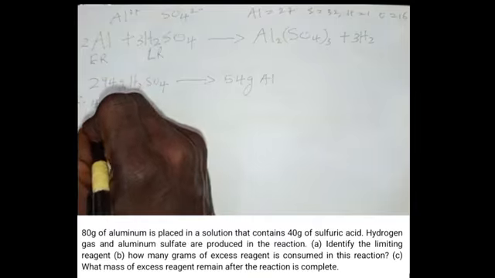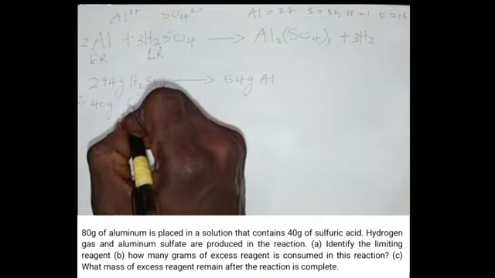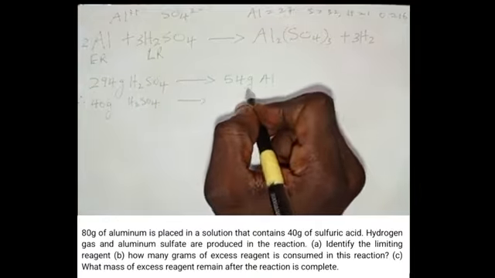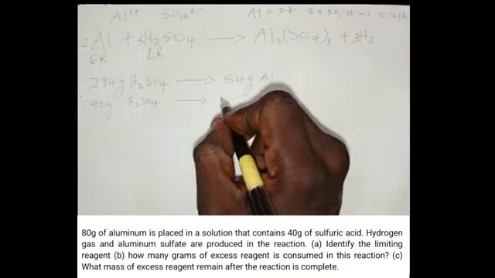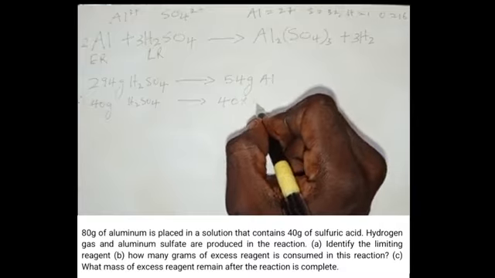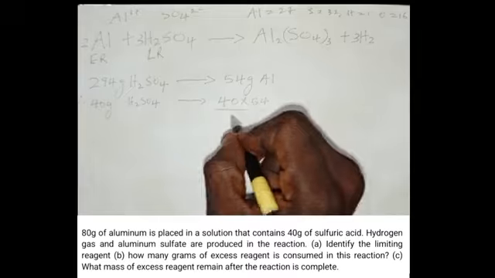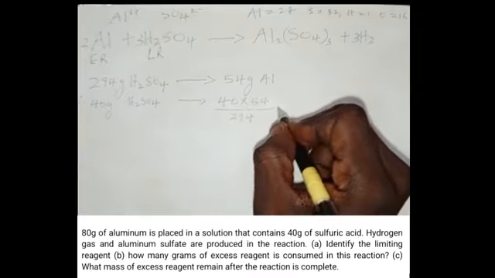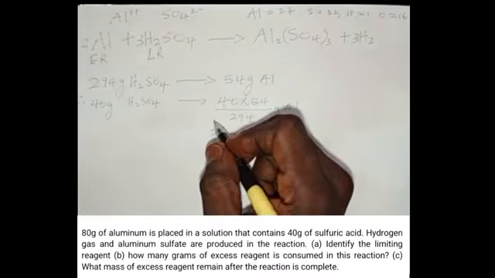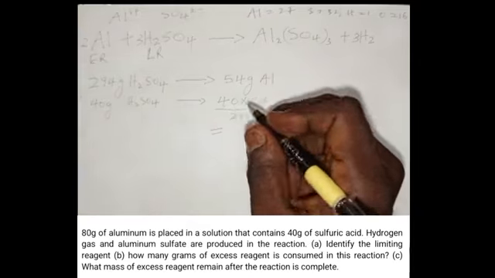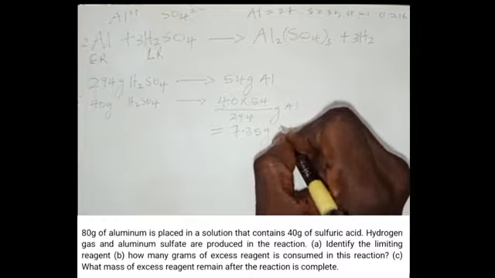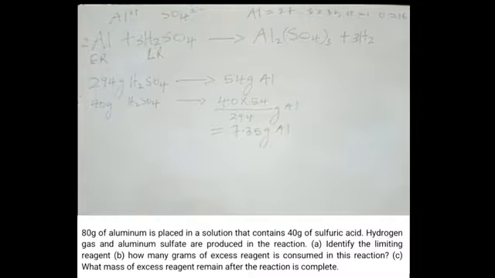So you say 40 grams of H2SO4 will react with what amount of aluminum? So you're going to cross multiply 40 multiplied by 54, and I'm dividing by 294 grams of Al. So when you calculate this, this gives us 7.35 grams of aluminum.